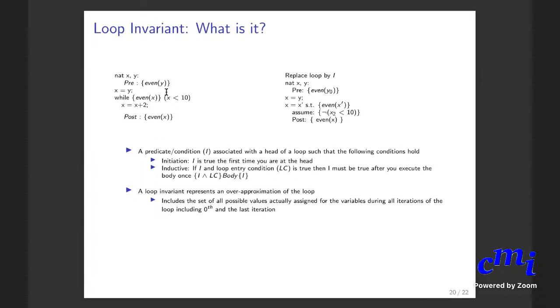Actually x is less than or equal to 12 is indeed not even a loop invariant, because y can take any value, right? Yeah, so it was before the loop. So there's a little bit more precisely what happens.